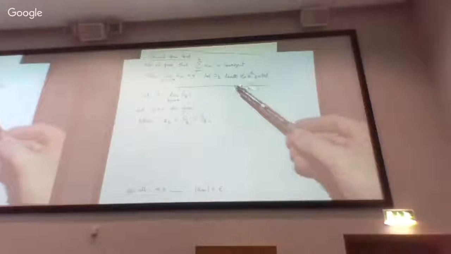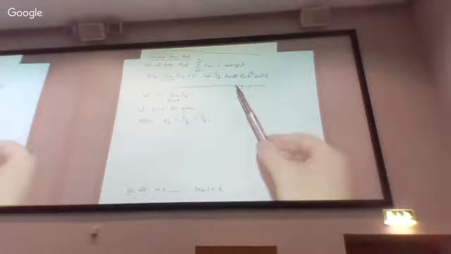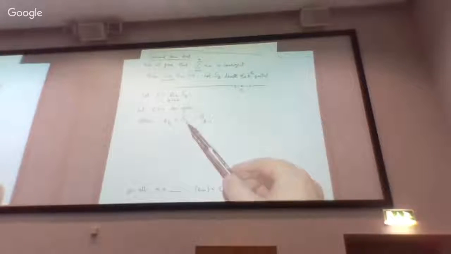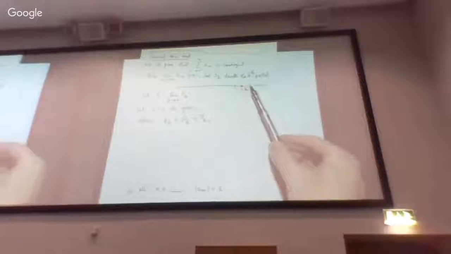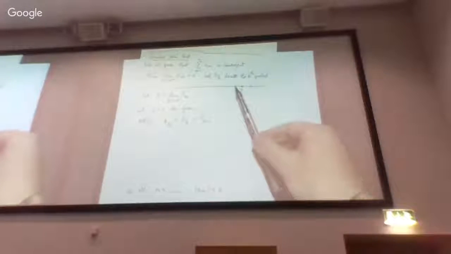But if all the partial sums are trapped inside this interval, the furthest distance apart two of them can get is the diameter of this interval. If my Sk and my Sk minus 1 are trapped inside this interval, the furthest apart they can get is just the diameter of the interval, the total distance from one end to the other.